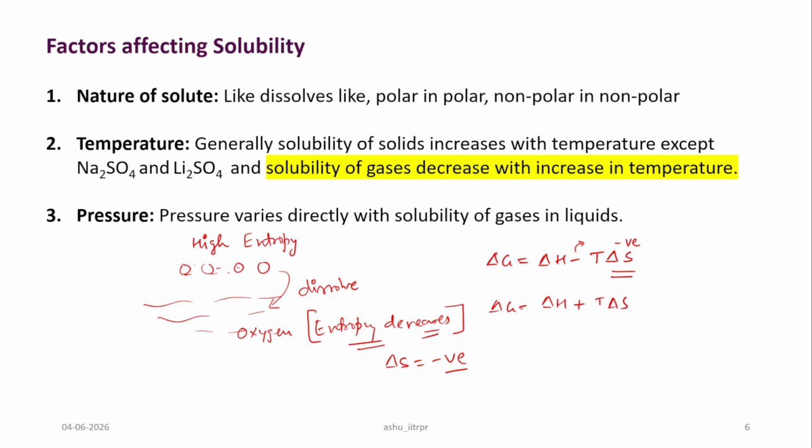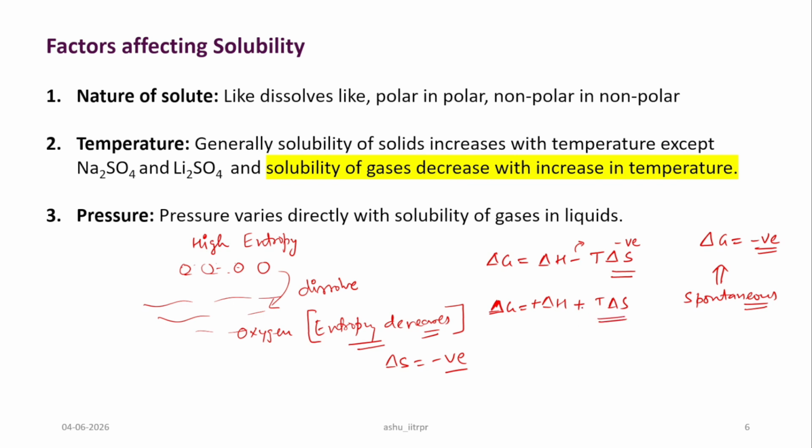Again, dissolution of oxygen is a spontaneous process because oxygen is dissolved in seas and oceans. No one is going and mixing this oxygen. It is occurring spontaneously. So if this process is spontaneous, delta G must be negative. But from this equation, this value is positive and this is also positive.